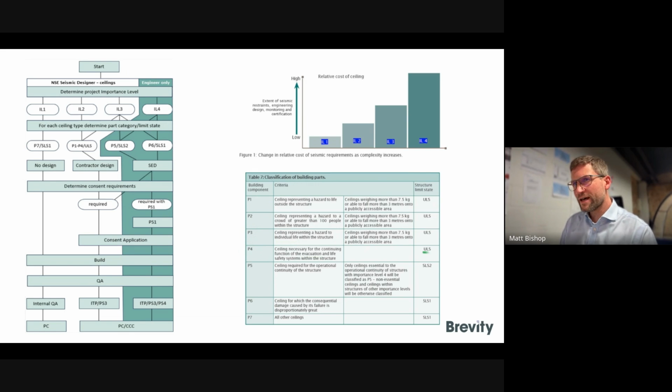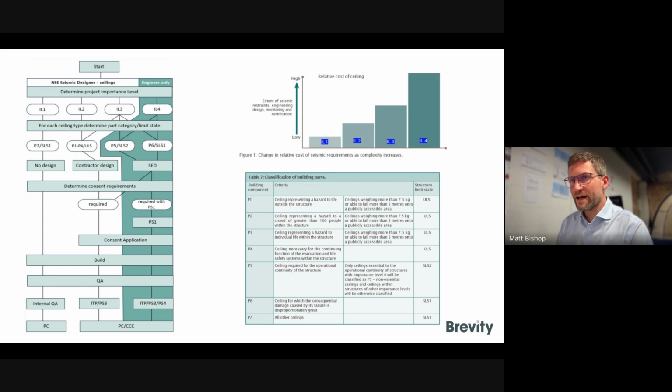We also notice that P3 and P4 have the same structure limit state and actually require the same design. So for the corridor and for the apartment room, they can be contractor-led designs. As long as the tool you're using can do corridor designs, of course, that's not always the case.